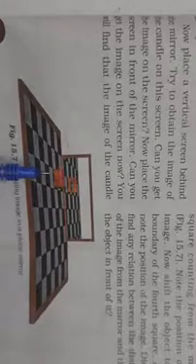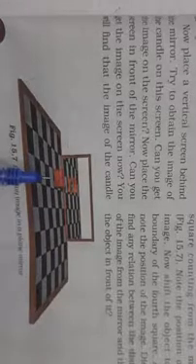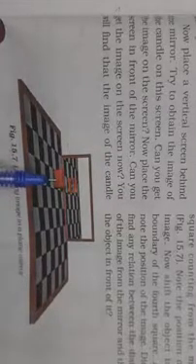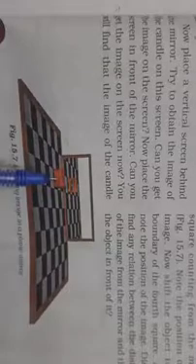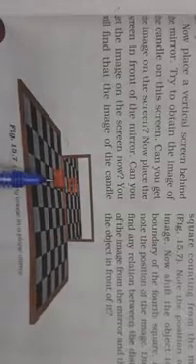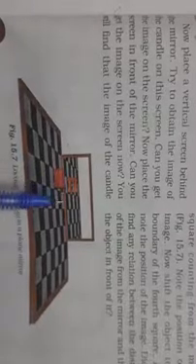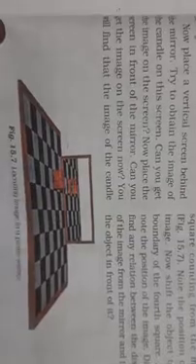You will see that the image is not formed on the mirror. The image is formed behind the mirror. So that is why I told you the third characteristic: it is at the same distance behind the mirror as the object is in front of the mirror.